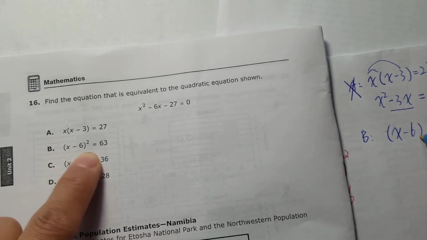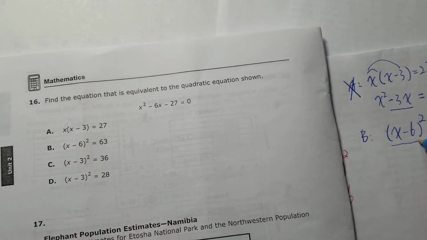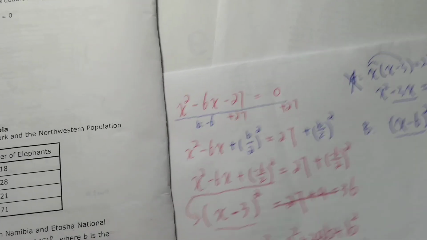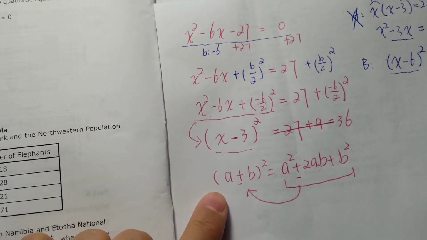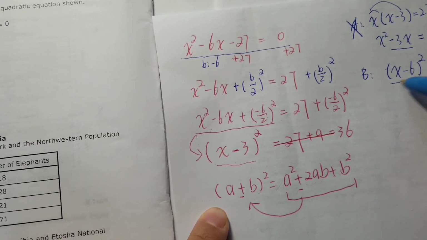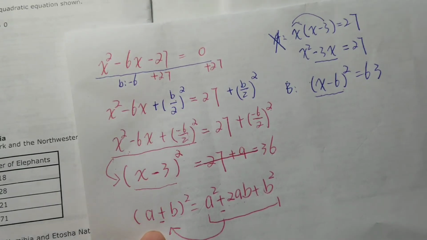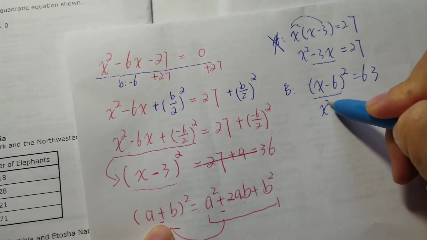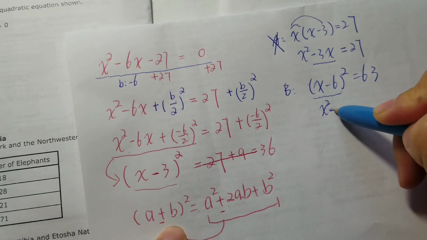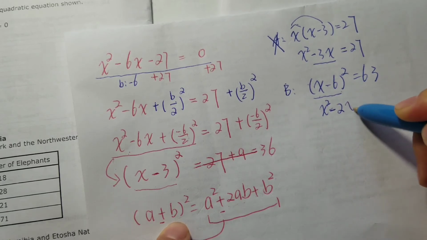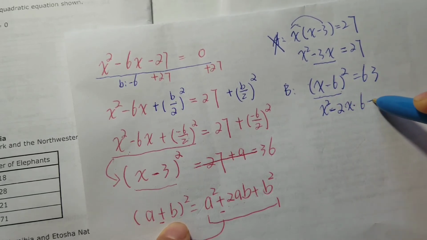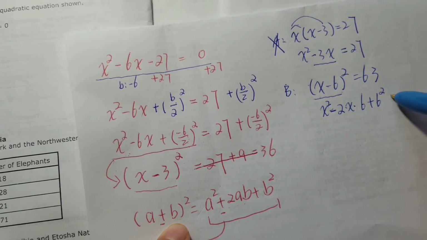x minus 6 squared equals 63. If you can apply the special product here, which is perfect, you're going to save a lot of time, where your a is x and b is 6, a squared minus 2ab plus b squared.